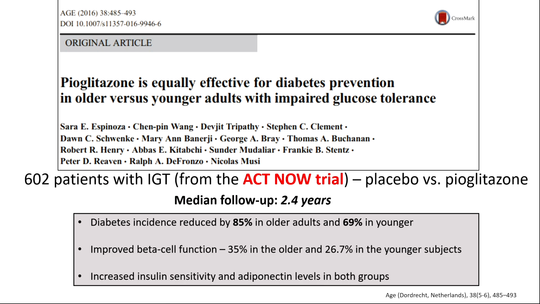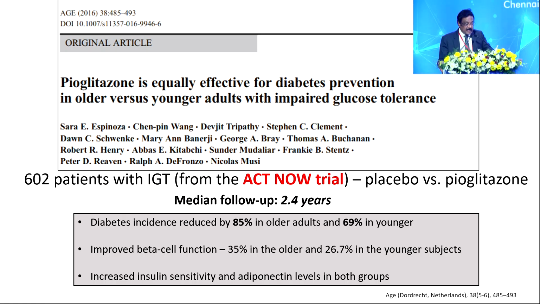Of course, pioglitazone is equally effective for diabetes prevention in older versus younger adults with impaired glucose tolerance. This is a study conducted with older and younger people selected with impaired glucose tolerance, wherein the ACT NOW trial showed diabetes incidence reduced by 85% in the older adults and 69% in the younger adults, and improved beta cell function by 35% in the older and 26% in the younger adult group.